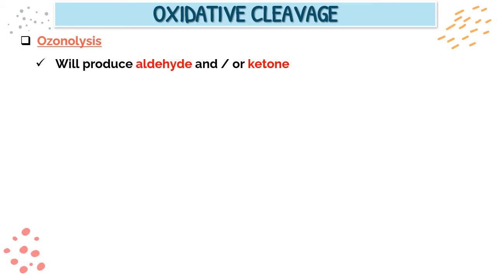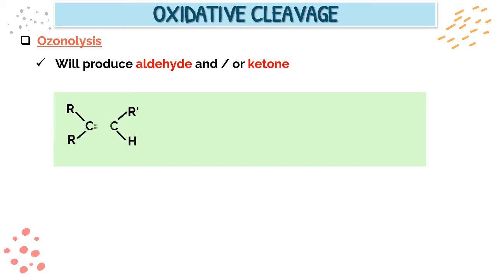When we have an oxidative cleavage based on the ozonolysis reaction, it will produce an aldehyde and or ketone. Meaning we will have two products. It's either an aldehyde with another aldehyde, or a ketone with another ketone, or a mixture of aldehyde and also ketone. But you will have two different compounds.